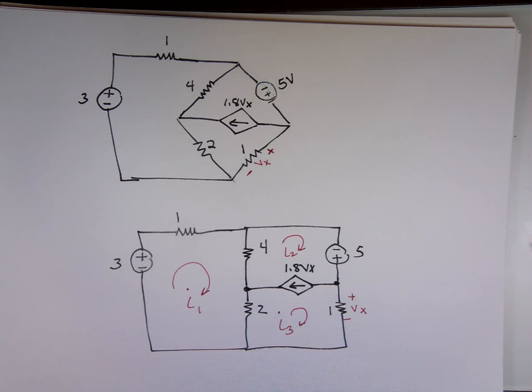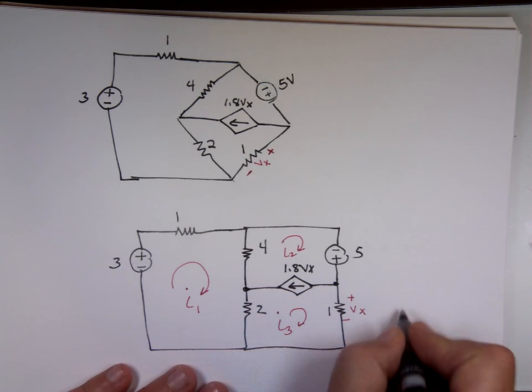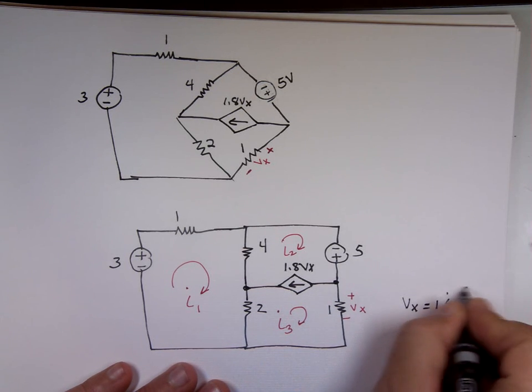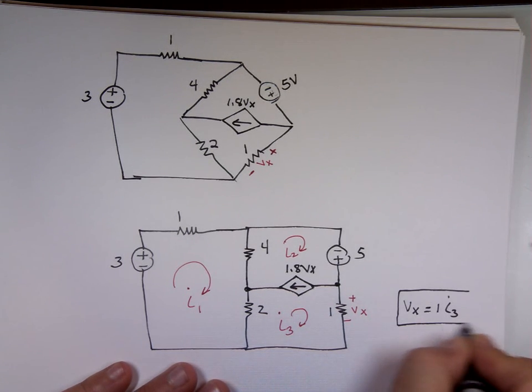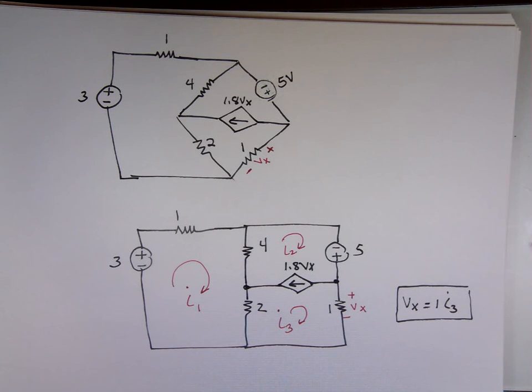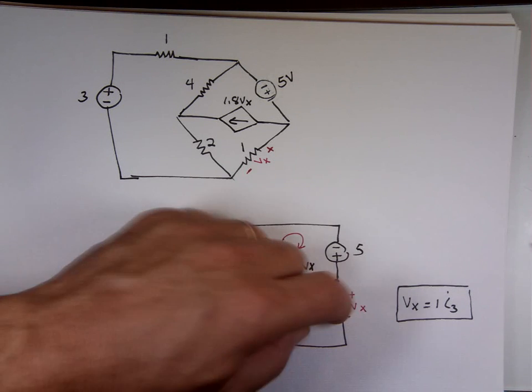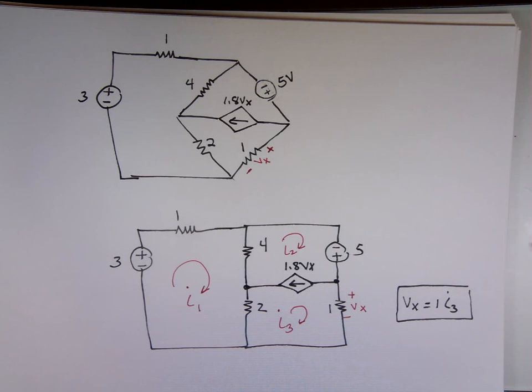If you look at Vx, can you write Vx in terms of either one? I sub 3. Vx equals Ohm's law, 1 times I sub 3, which is I sub 3, yes. So every time you see Vx, write now 1 I sub 3 in place of it. Otherwise, you're going to have 4 unknowns: I sub 1, I sub 2, I sub 3, and Vx. 4 equations by 4 unknowns. If you're using a calculator like mine, who cares if it's 4 unknowns or 10 unknowns?